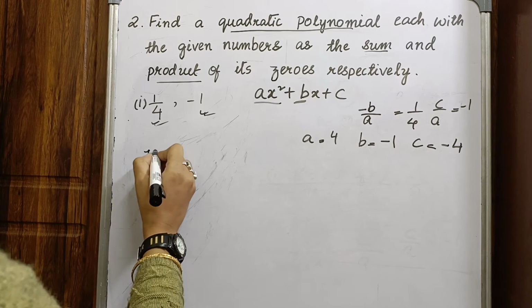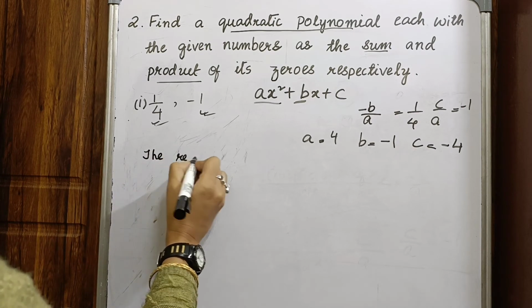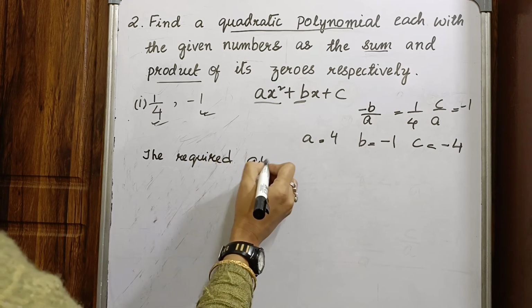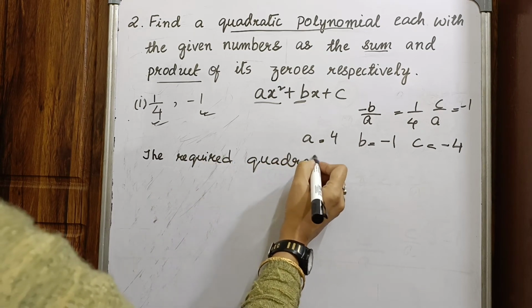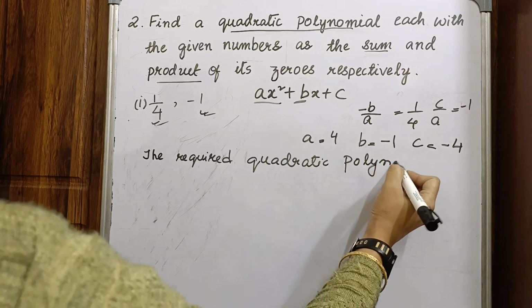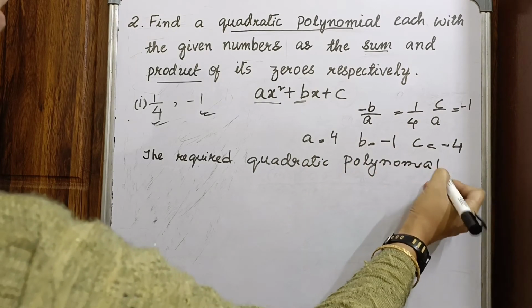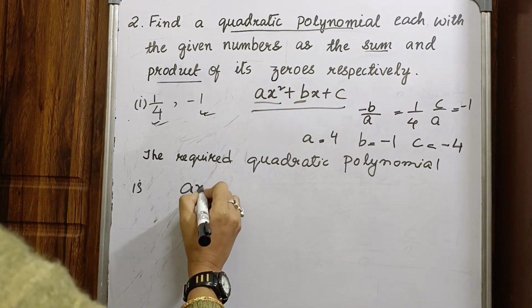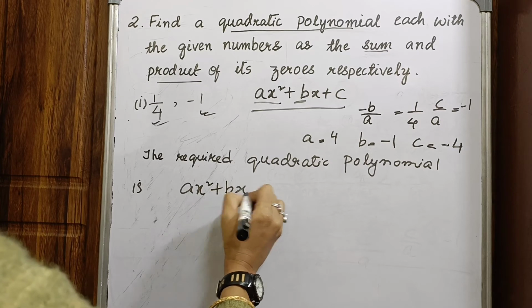So the required quadratic polynomial is ax square plus bx plus c.